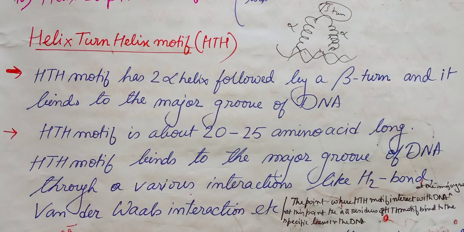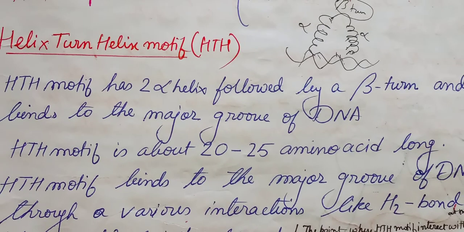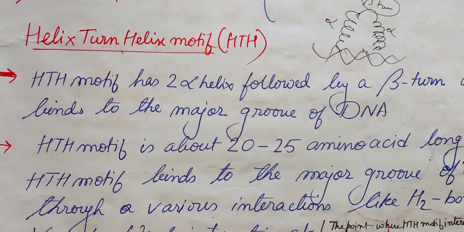Very important, the first point is very important. The helix turn helix motif is made up of two alpha helices followed by a beta turn, and this motif is able to bind to the major groove of DNA.